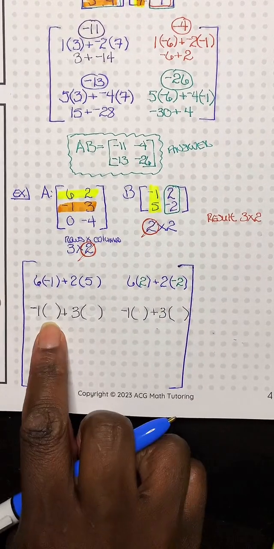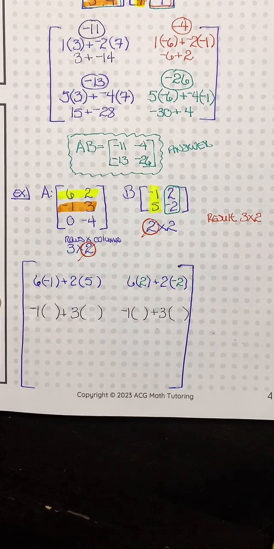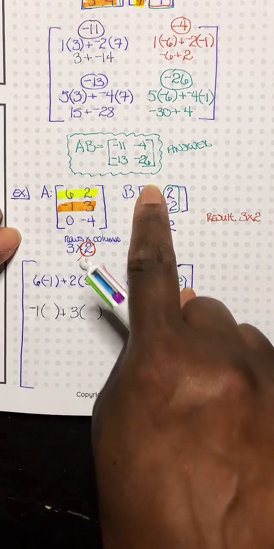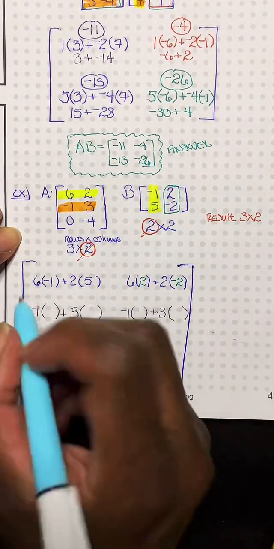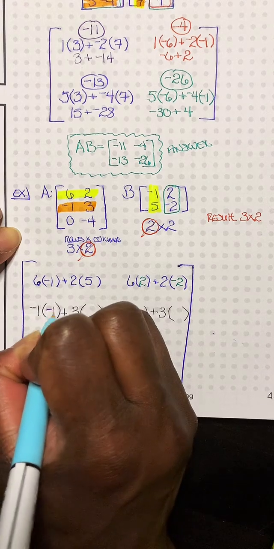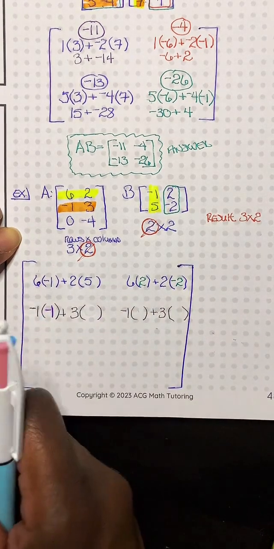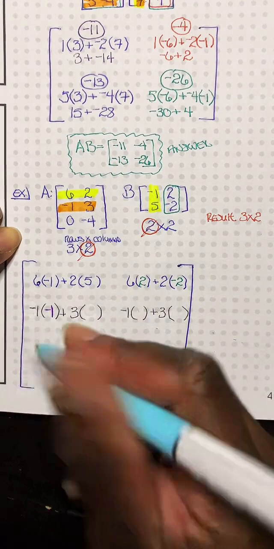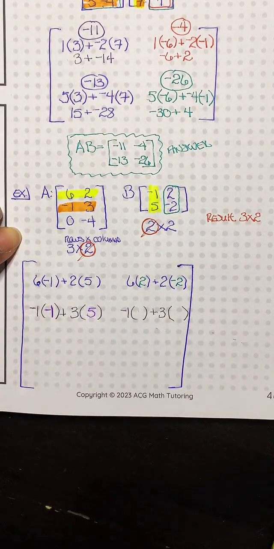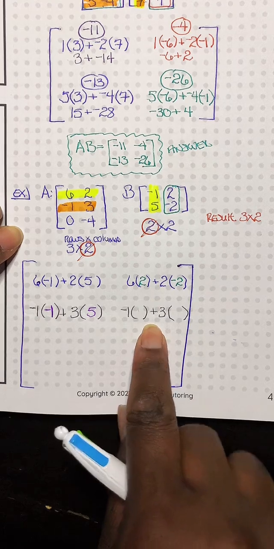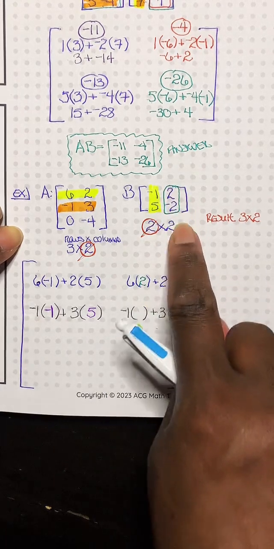What goes inside is my first column, because this is the first column of the answers. So this is a -1 and a 5, whereas this one is the second column.